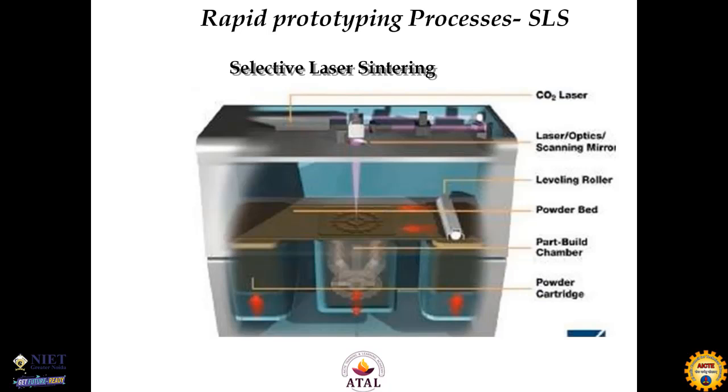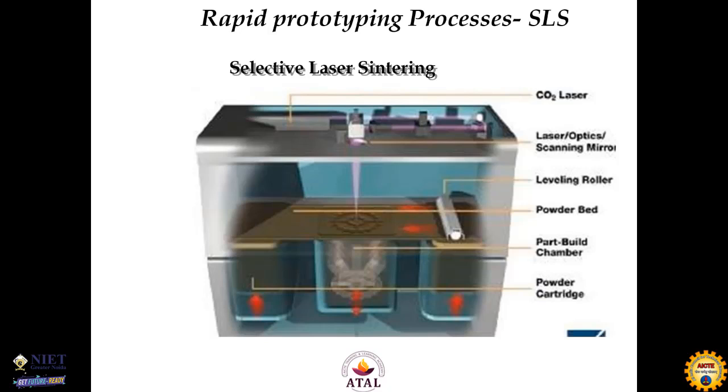Rapid prototyping process SLS, also known as selective laser sintering. This process is basically used to produce a part from a powder of different polymers; powder of different materials can be used to produce the final part.